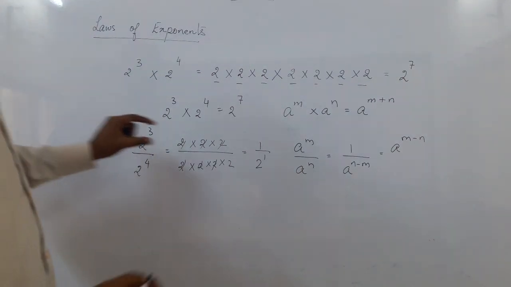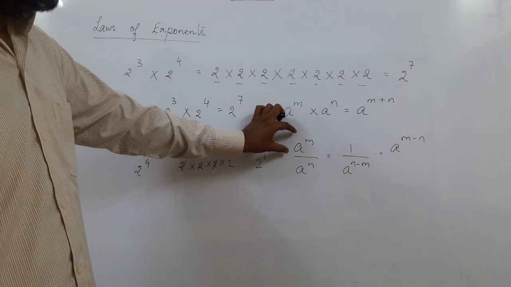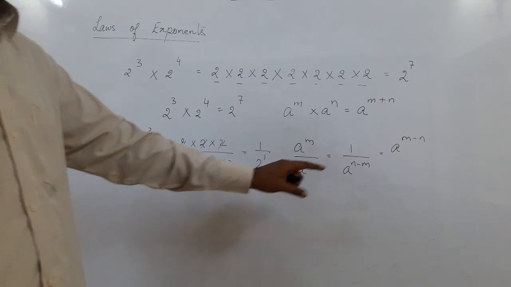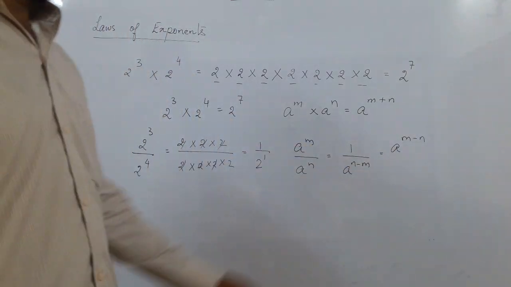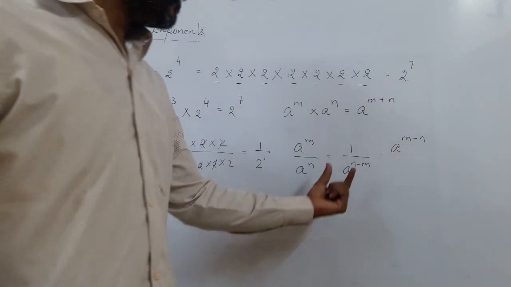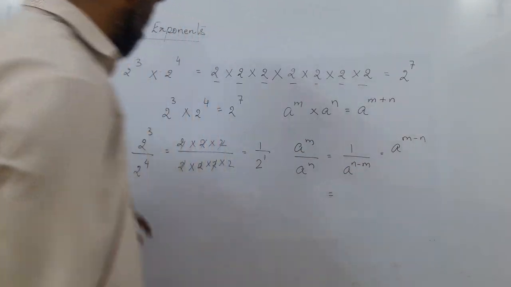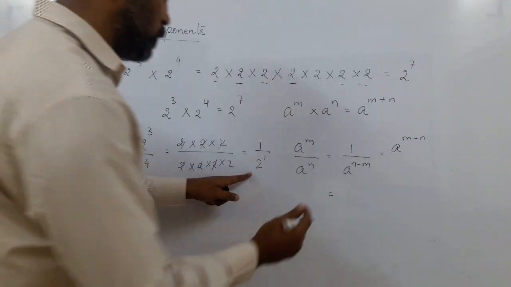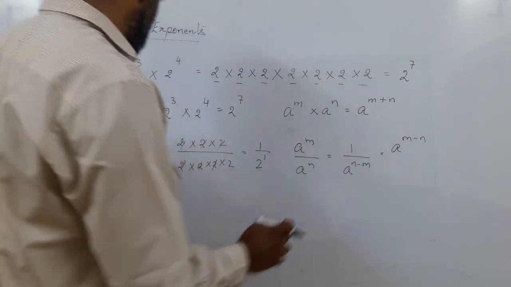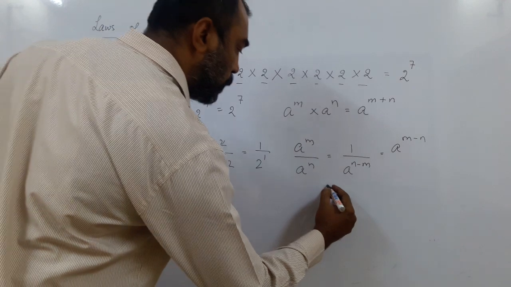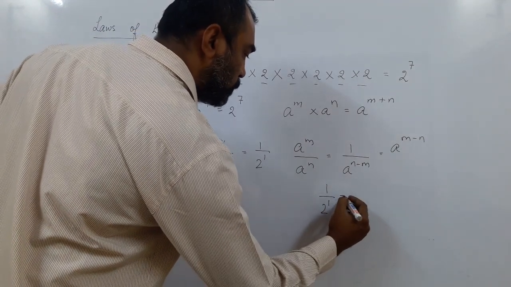So what we get, a raised to m divided by a raised to n is equal to a raised to m minus n. But here I get a negative power. So what you can observe here, when you brought the 4 down, you got 1 upon 2 raised to 1.